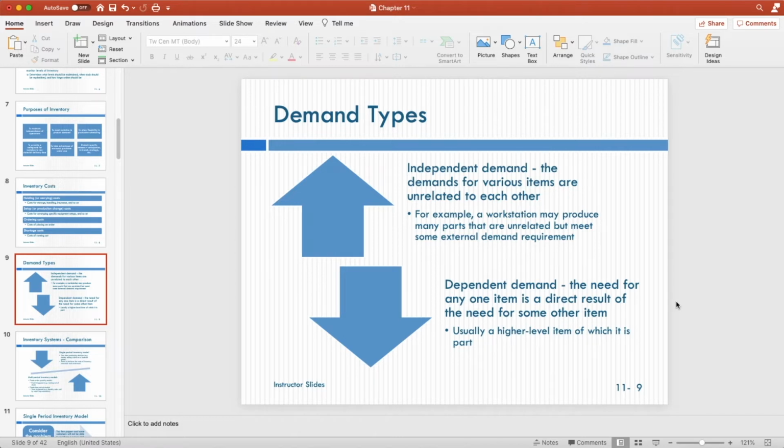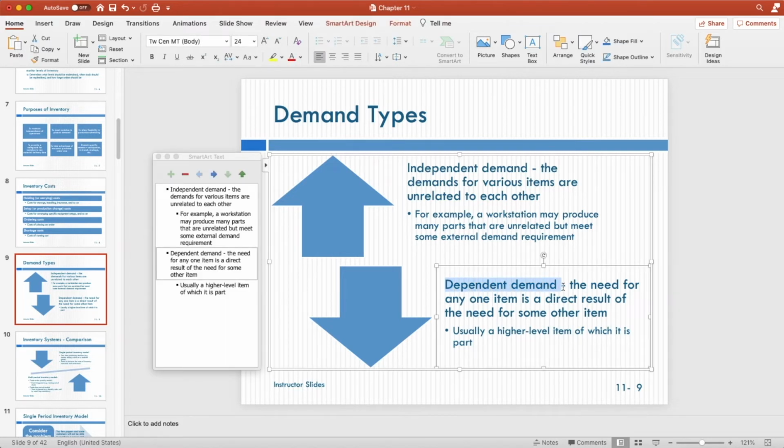But how many tires do you need to produce? You need 20 times 4, which is 80, because every car has 4 tires. That's what corresponds to the dependent demand situation, because when you produce a car, the need for producing an engine is highly correlated, or even directly correlated, with the need for other items, for example, tires.